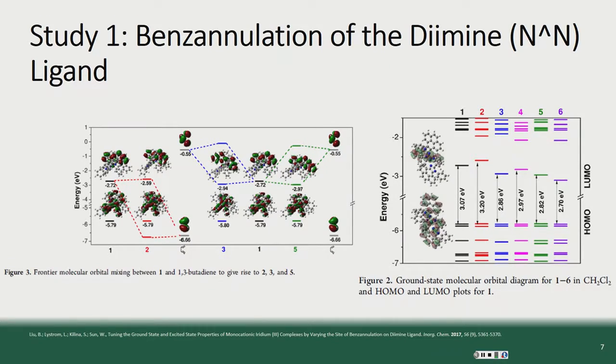It depends on which states. If it's LUMO-LUMO, the LUMO goes down. But with HOMO-LUMO, it goes up. That's why this is high. So there are 4 different cases that can happen.